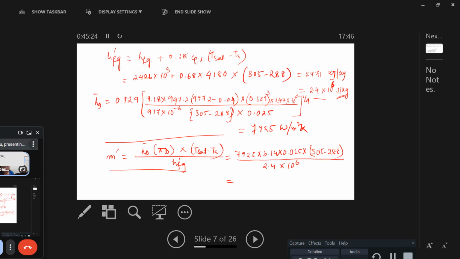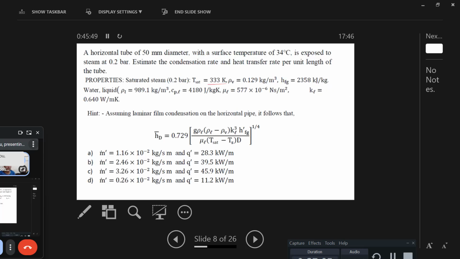If we calculate this, we get 4.28 into 10 to the power minus 3 kg per second meter. So m dot is kg per second, and if it is per unit length, kg per second meter. So we move on to the next question.